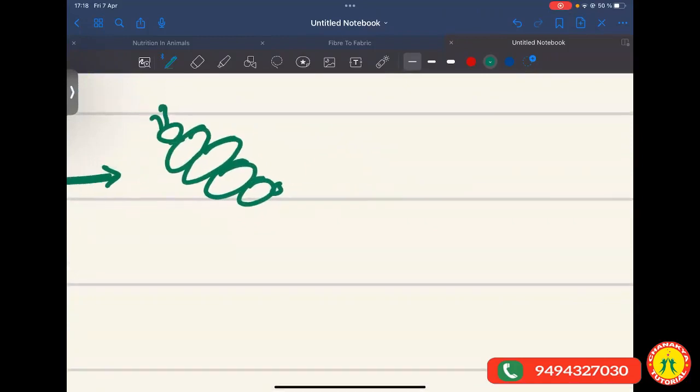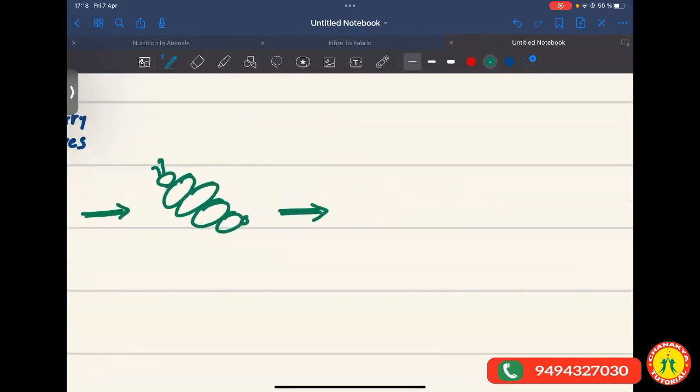And once they have eaten enough, they start secreting threads. You know what wool is, right? Mom must be having it in her stitching cupboard or something. A single thread, you know how thin it is, right?